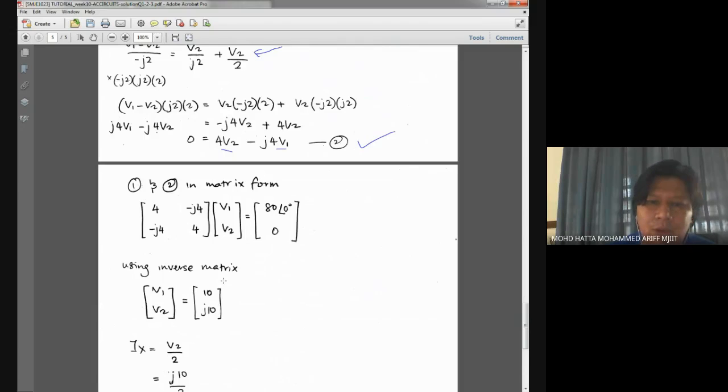But if you know how to write it in matrix form, you can use the inverse matrix to calculate your V1 and V2.